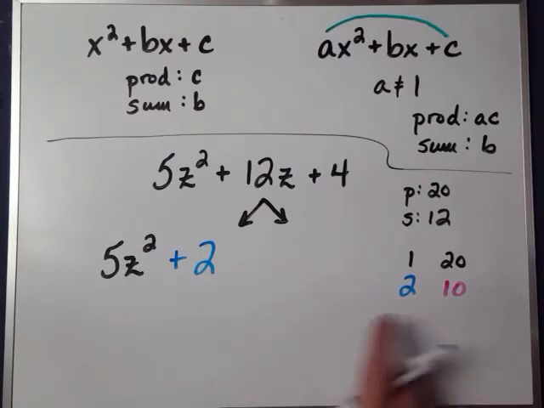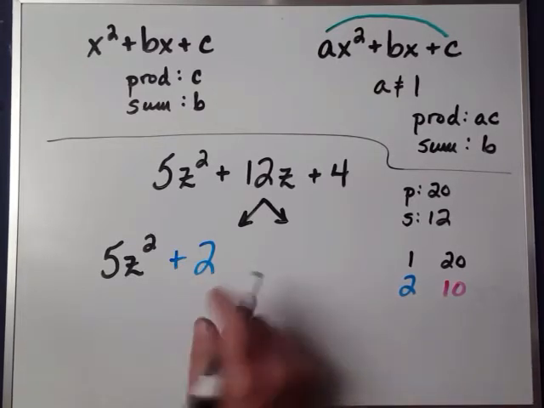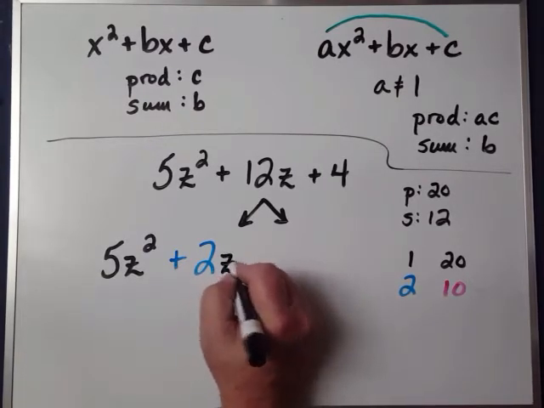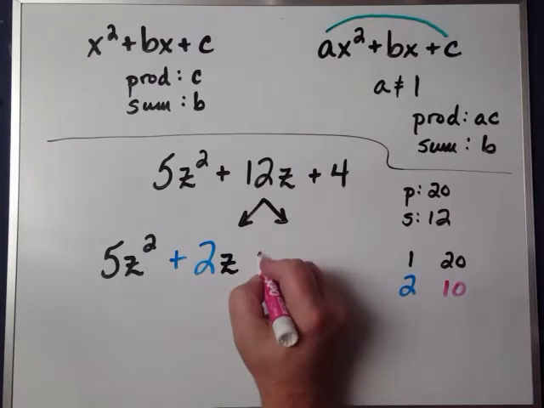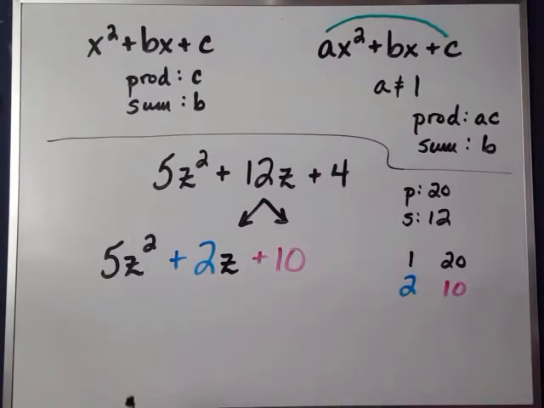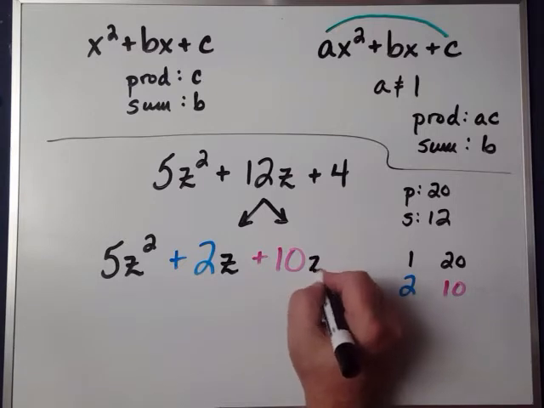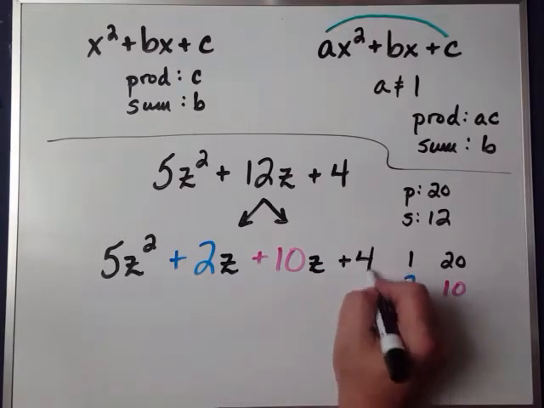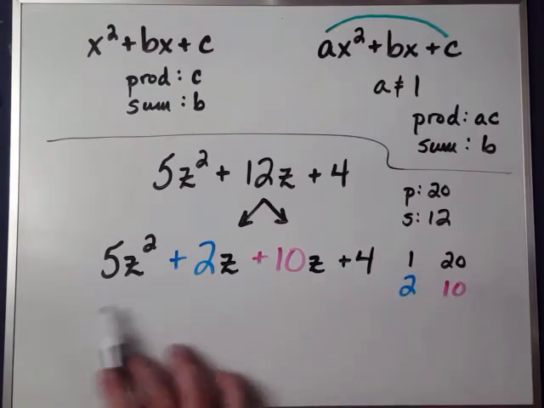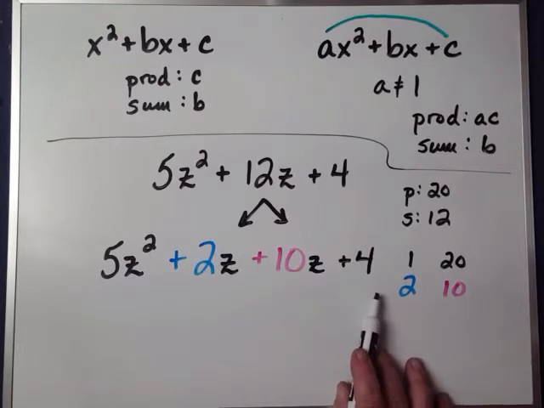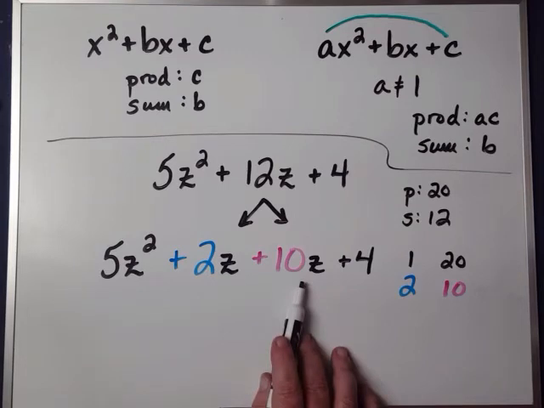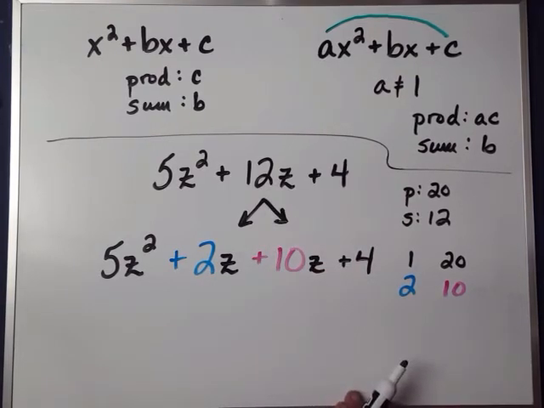Signs belong to their coefficients, that's a positive 2. And at the end, I've got my plus 4. Notice I have not changed the value of the problem. If I combine like terms, I'm back where I started.